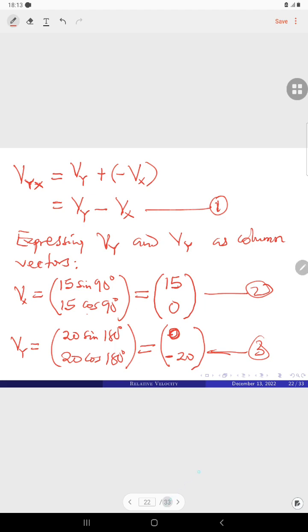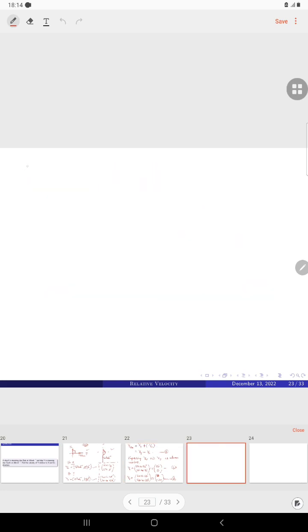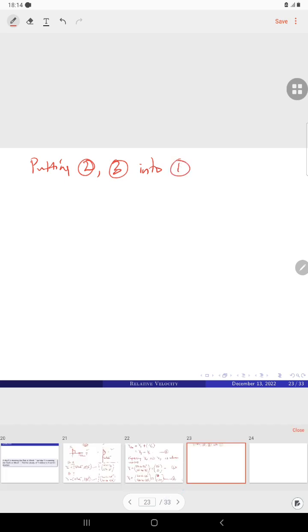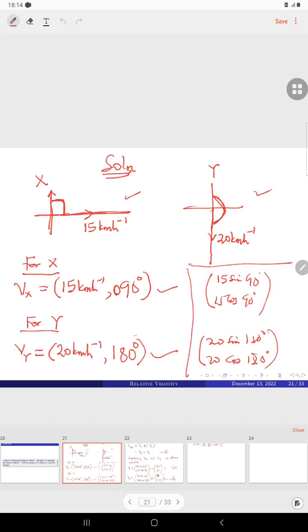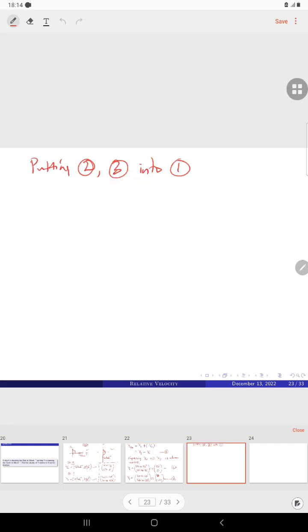So putting 2 and 3 into equation 1, what do we get? Then VYX is equal to VY minus VX, okay? Because the question asks us to find VYX.